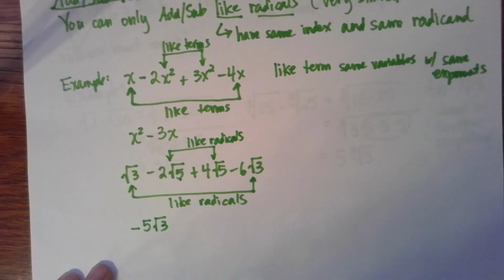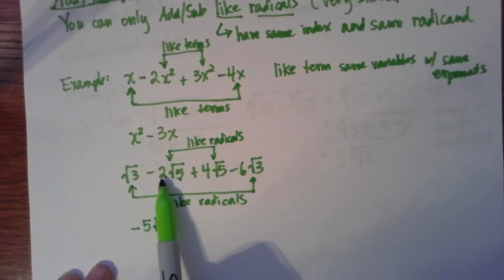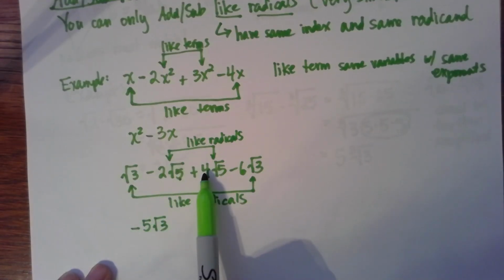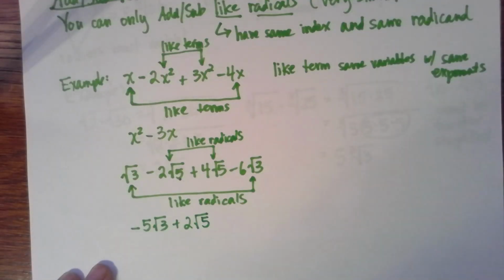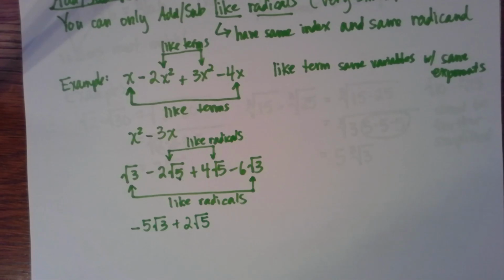If I have negative 2 square roots of 5, and I add 4 more, I'll now have positive 2 square roots of 5. So you can see that it's very similar to adding like terms, except we have to do the same kind of idea with like radicals.